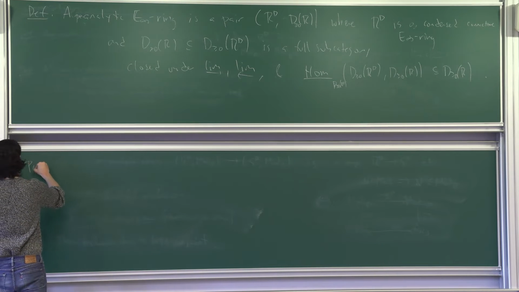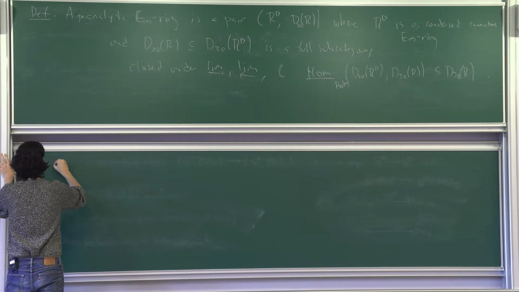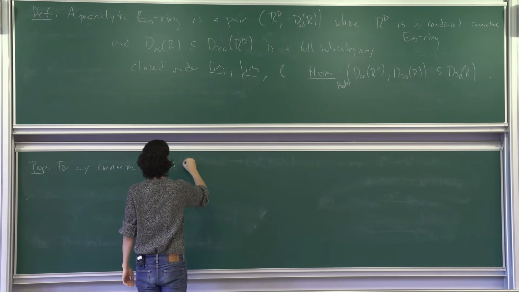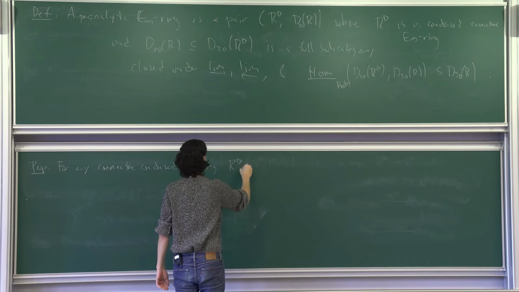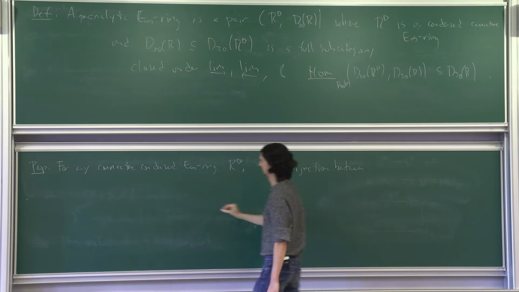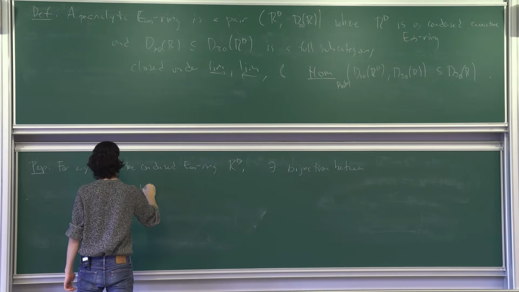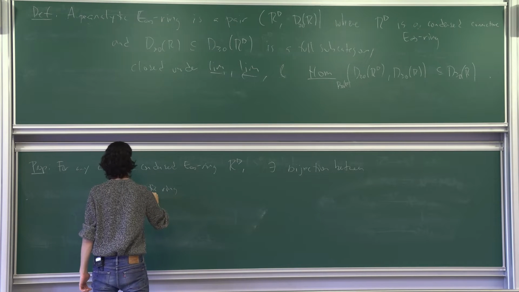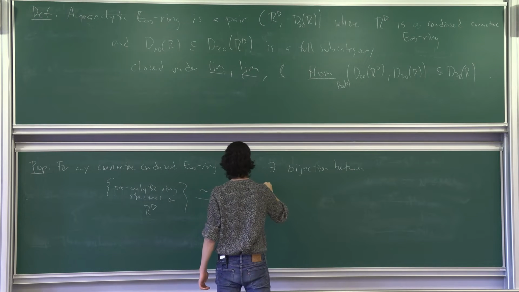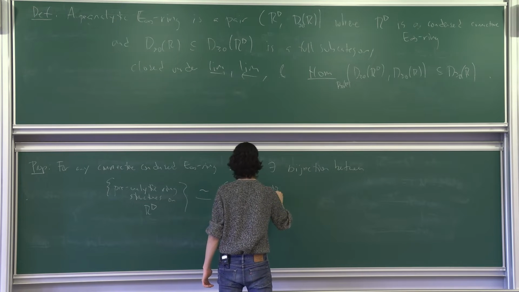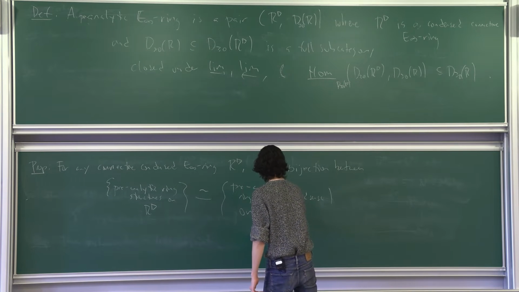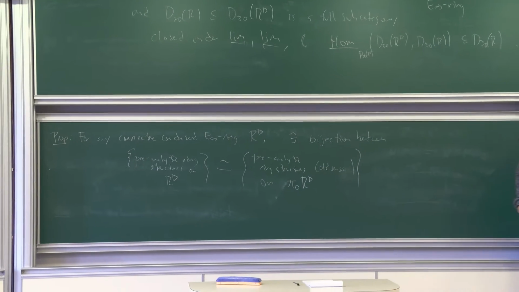So the proposition is that for any connective condensed E infinity ring R triangle, there exists a bijection between the set of pre-analytic ring structures on R triangle, this is in the new sense, and the pre-analytic ring structures in the old sense on just the condensed commutative ring, which is gotten by taking pi 0.